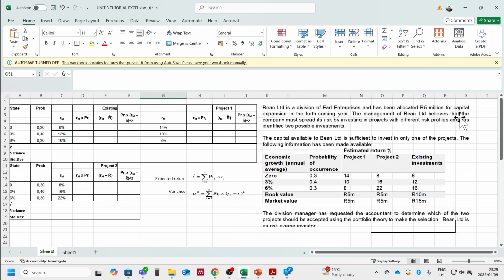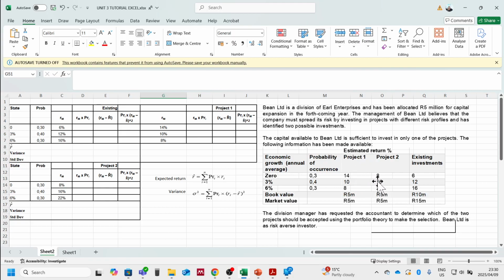The management of Bean Ltd believes that the company must spread its risk by investing in a project with a different risk profile and has identified two possible investments. The capital available to Bean Ltd is sufficient to invest in only one of the projects. The following information has been provided.